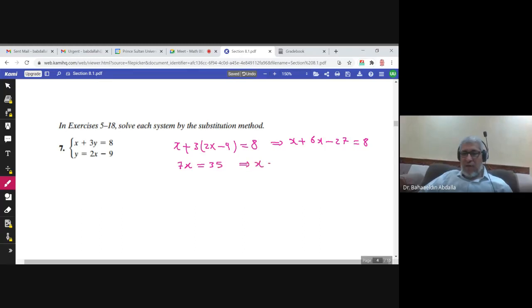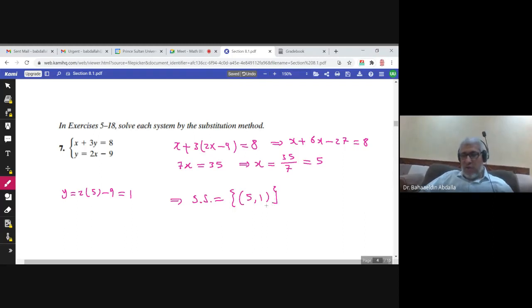Now I divide by 7, so x is 35 over 7, which is 5. So x is 5. Now, how do we get the value of y? I go to the second equation and replace x by 5. So I have 10 minus 9, which is 1. So the solution set of this system consists of the ordered pair x is 5, y is 1.